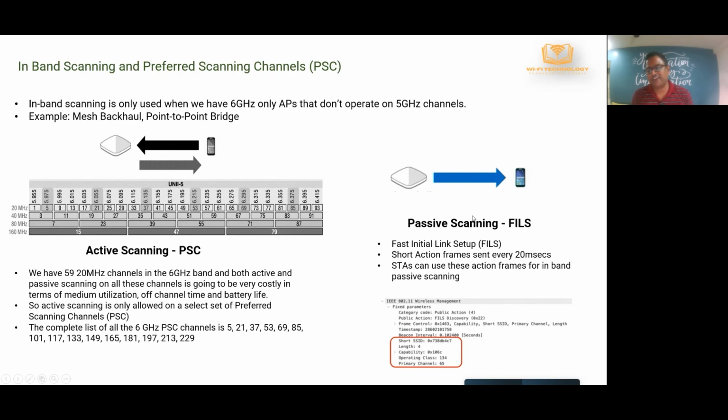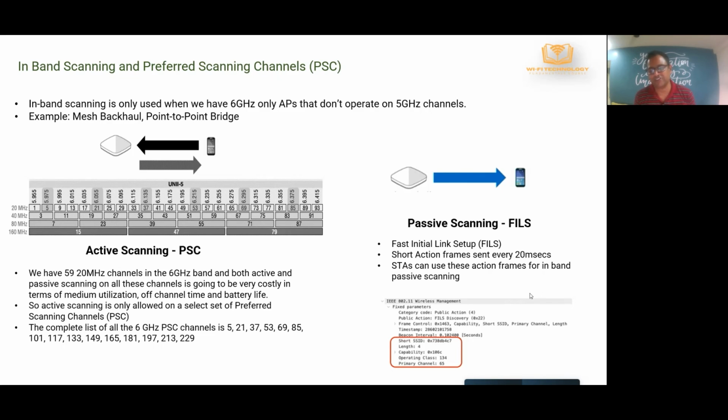For passive scanning, there is a new method called FILS, or fast initial link setup. This is where very short action frames are sent every 20 milliseconds, basically without even being asked for them. The AP can send these frames, and when the station tunes to these frequencies, it can listen to these short action frames, which carry very quick information about the 6 GHz access points.